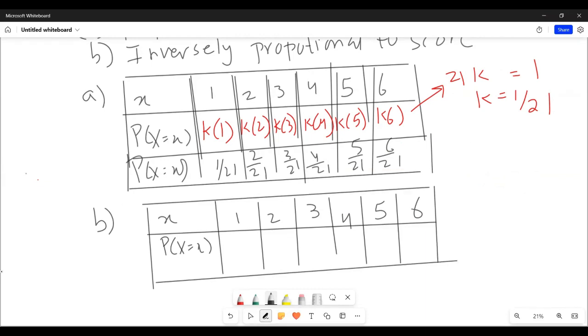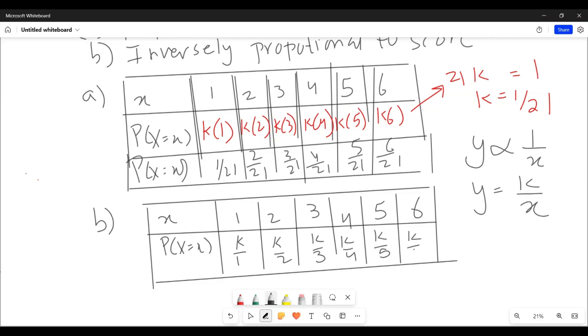So when y is inversely proportional to x, तो हम ऐसे लिखते हैं 1 by x. And it's going to be y equals k upon x. So we write k upon 1, k upon 2, k upon 3, k upon 4, k upon 5, and k upon 6.